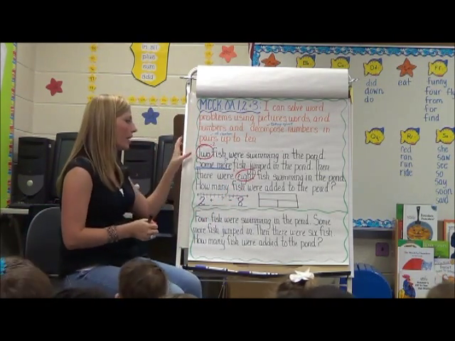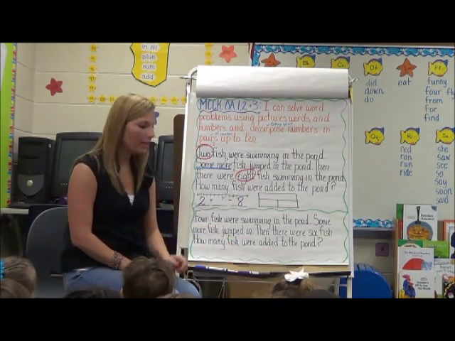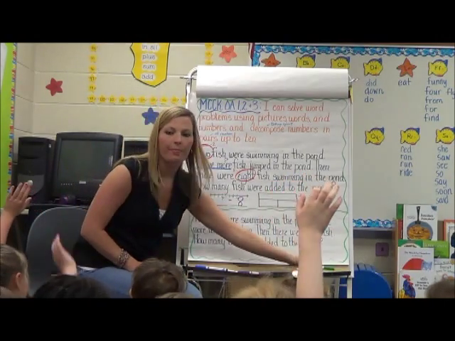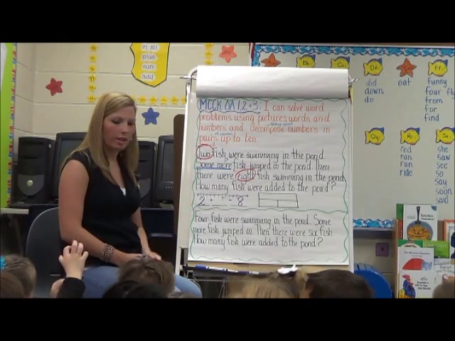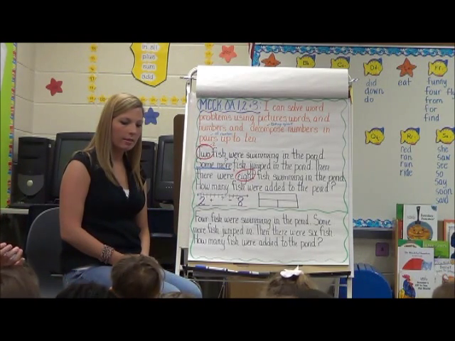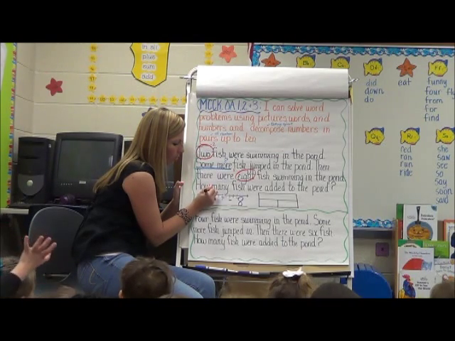All right. So if 2 fish were swimming in the pond, what number do I need to start on my number line? Zachary? 2. All right, so I'm going to draw a dot on my 2.